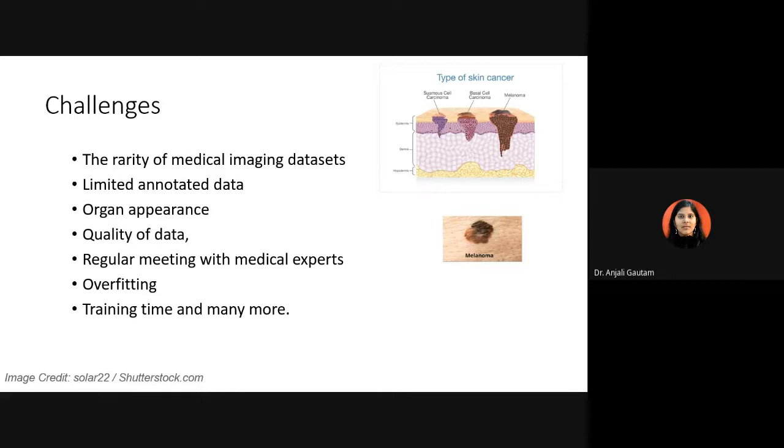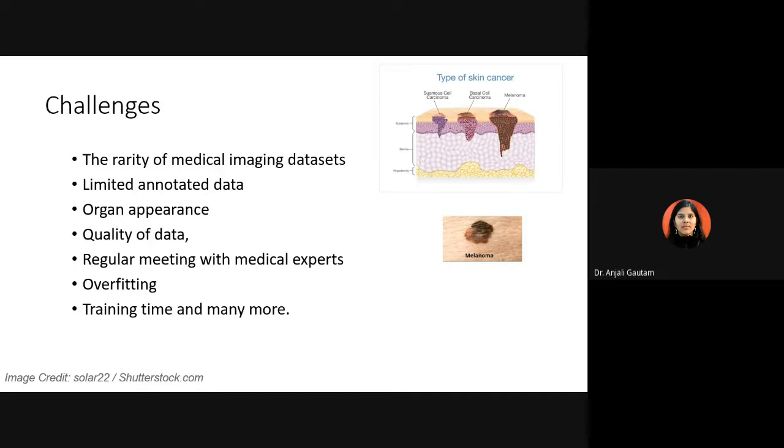There is also a problem related to annotation. For example, you have collected the data, now you also have to find out where exactly the problem is. Let's take the example given here, the skin example, melanoma. This is a type of skin cancer.